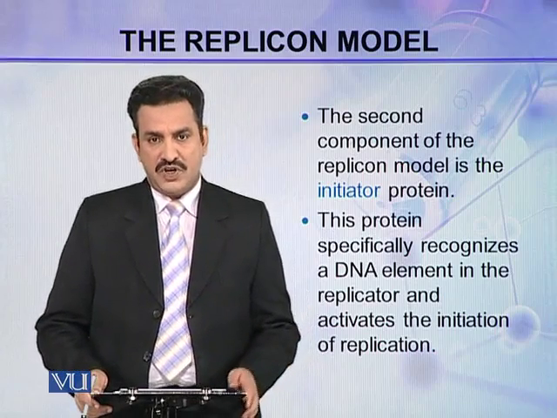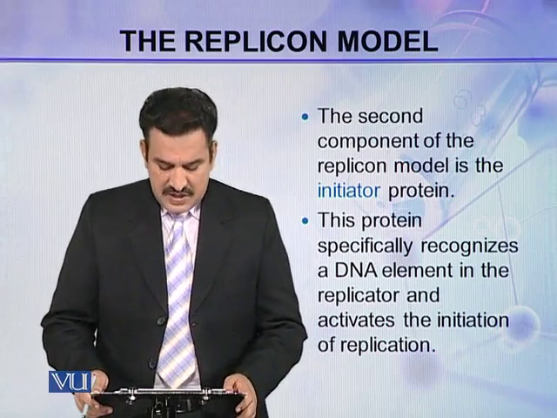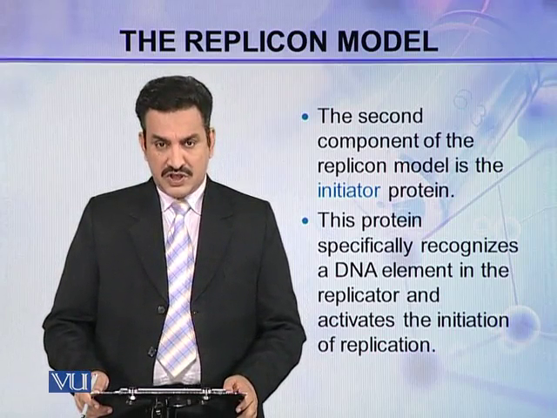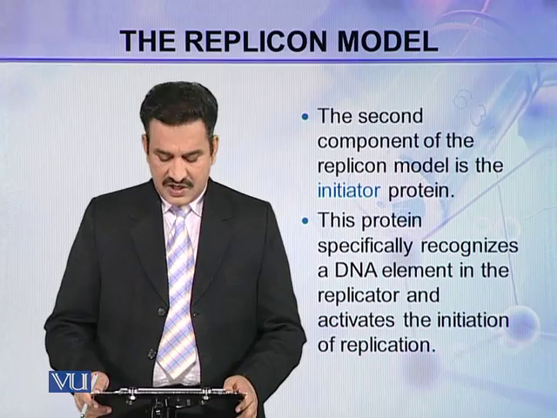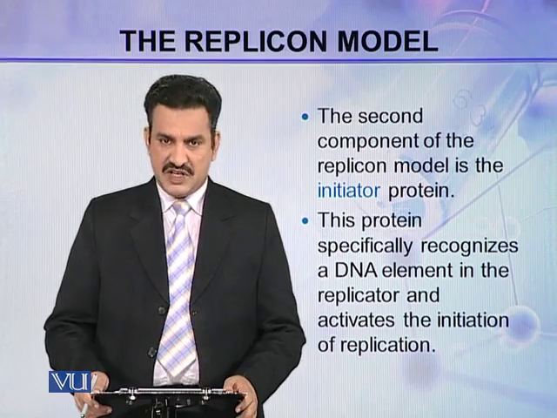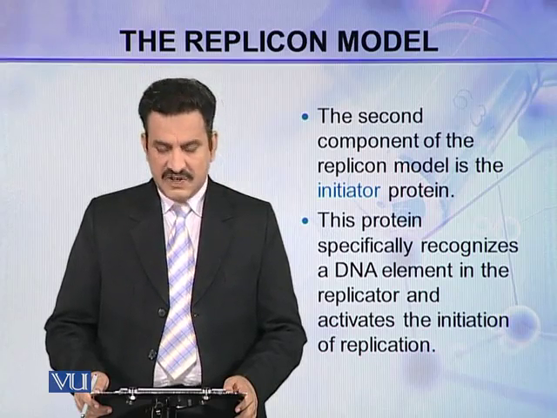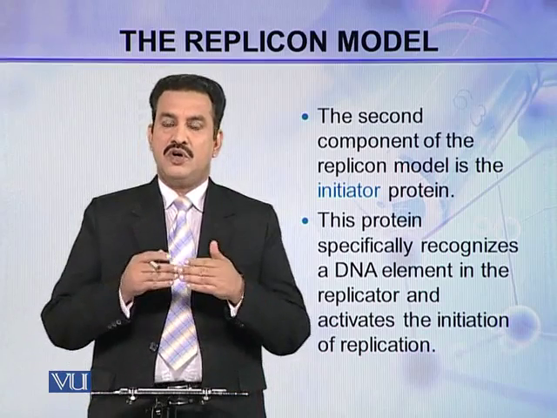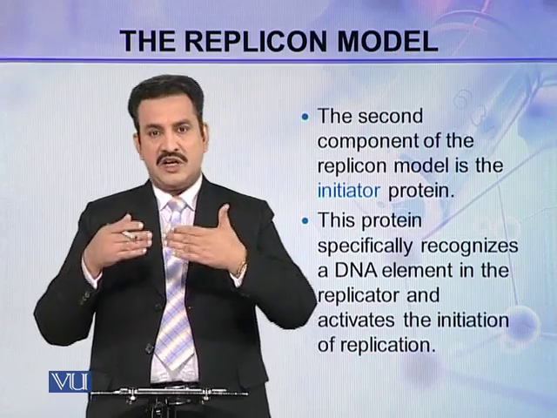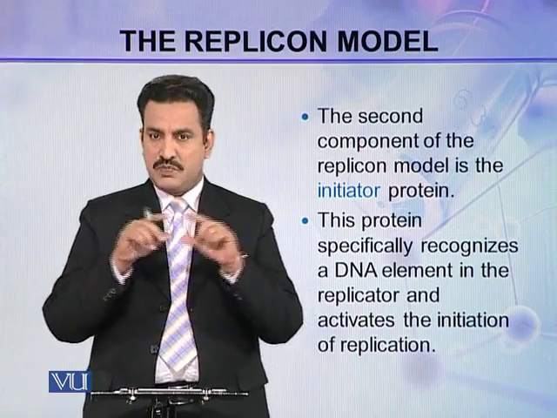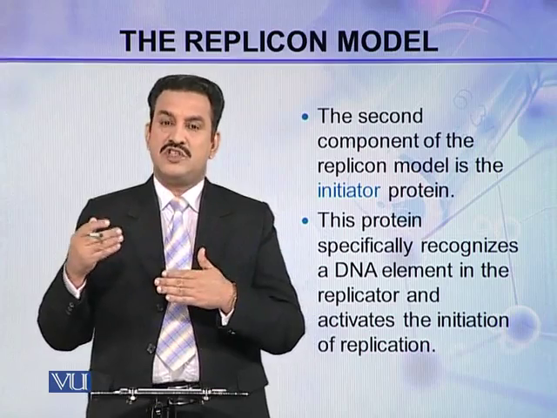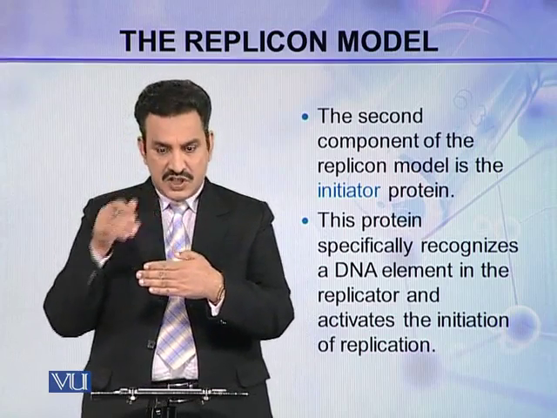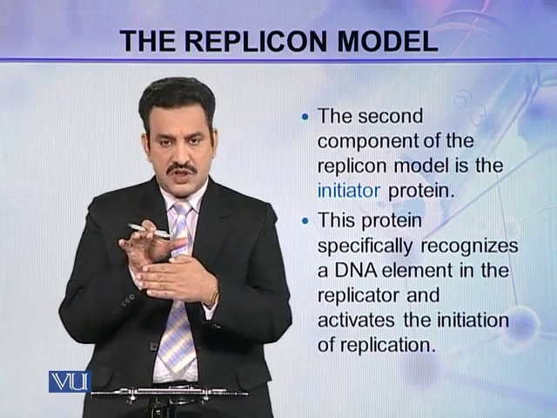The second component of the replicon model is the initiator protein. This protein specifically recognizes a DNA element in the replicator and activates the initiation of replication. So on a DNA molecule there is a replicator site, a specific sequence. The initiator protein identifies this sequence from the replicator.